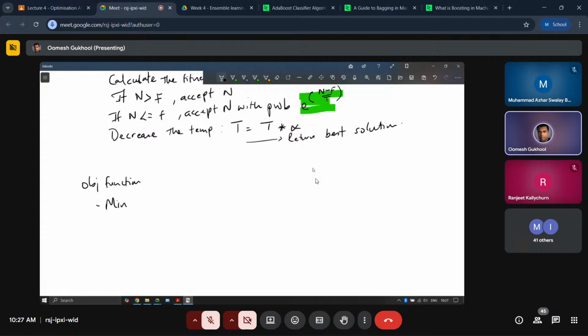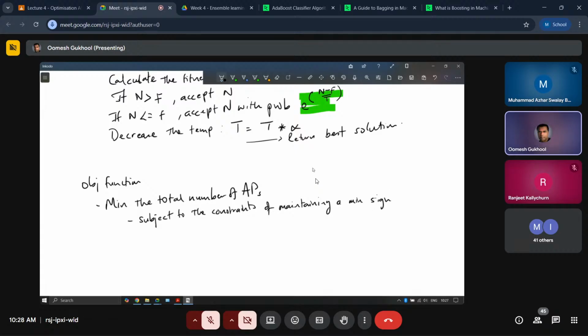Minimize the total number of APs. You can add a few things, that's the main one, subject to the constraints of maintaining a minimum signal strength across the entire campus.